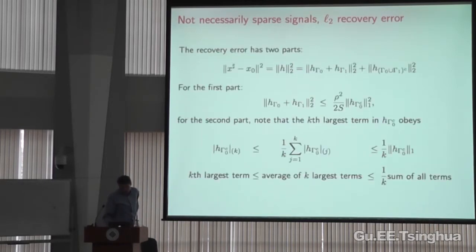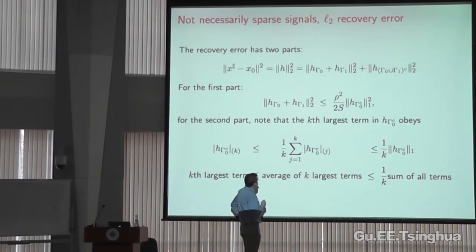Right? So here's what we do. Here's one little trick I can play. If I look at what's going on here, this is the sum of the absolute values in gamma naught C of H. So what's one thing I can replace that by?